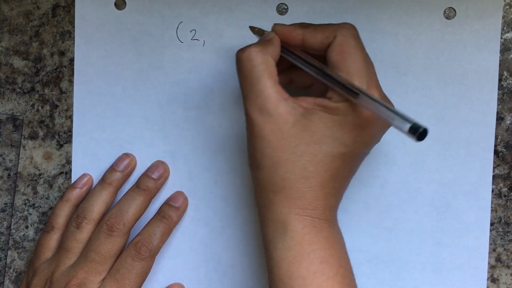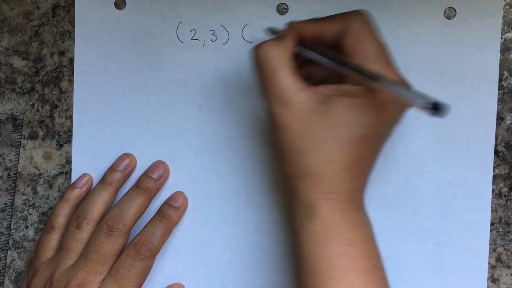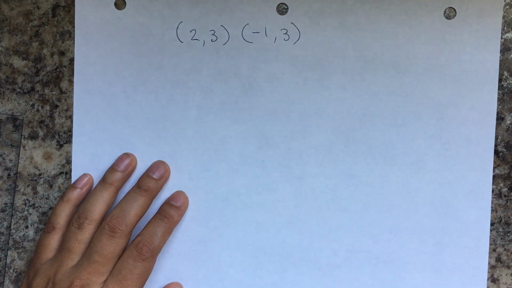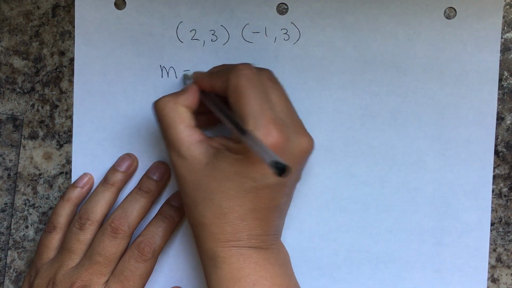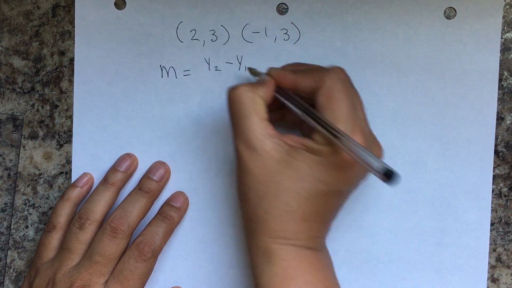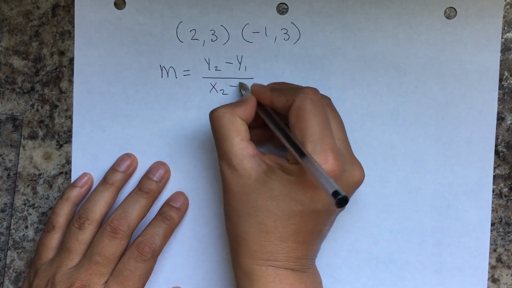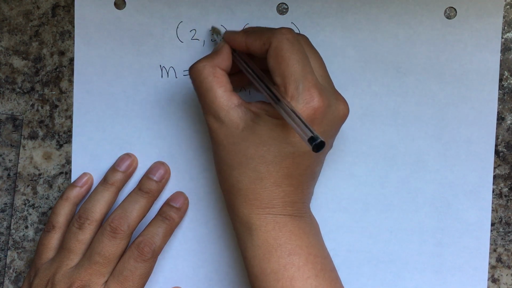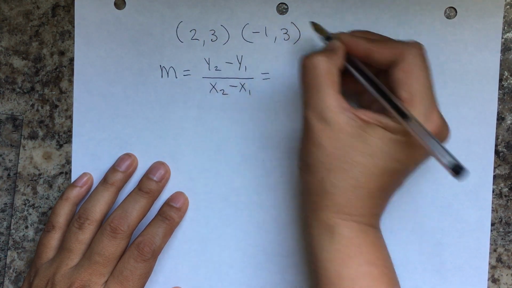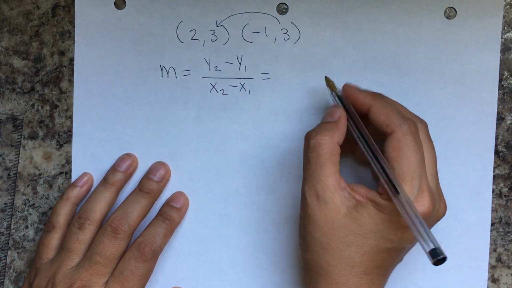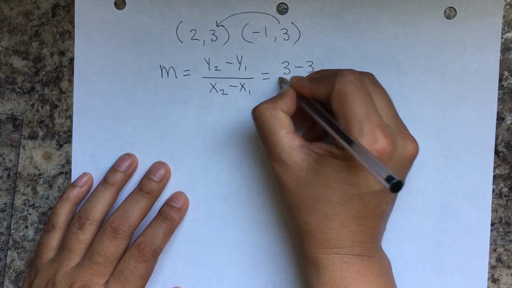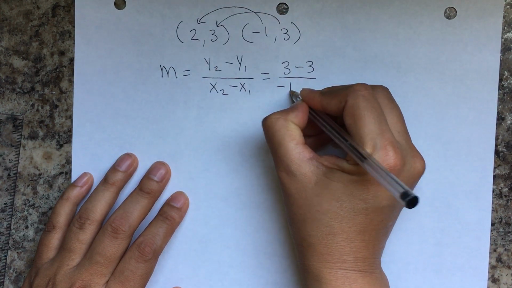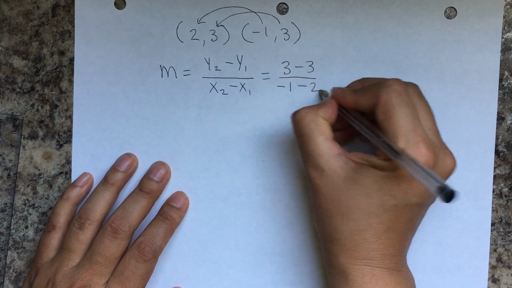And so, let's see, let's do (2, 3) and then (-1, 3). And so, again, my formula is y2 minus y1 over x2 minus x1. Again, if you want to do the labels, it's x1, y1, x2, y2, or you can just remember to do this. 3 minus 3 over -1 minus 2.